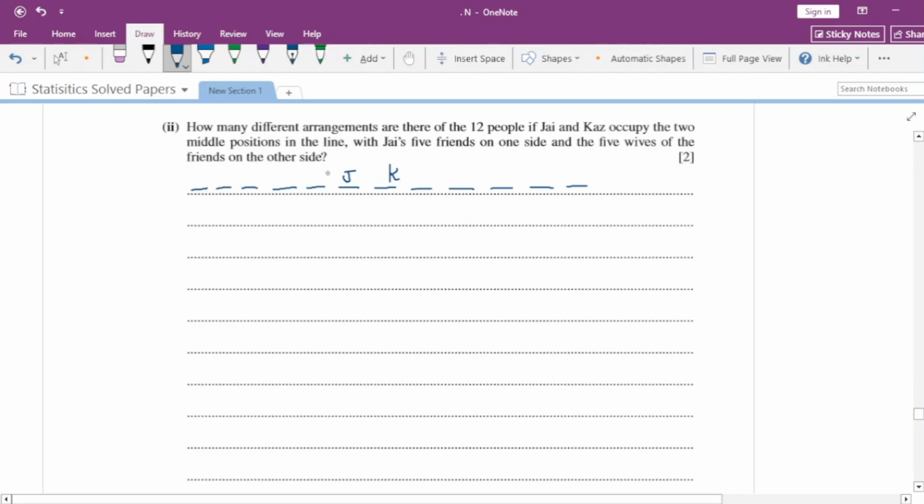So we have them exactly in the middle. Again, we want them to occupy the two positions in the middle and just stay over there. They are fixed in the center.